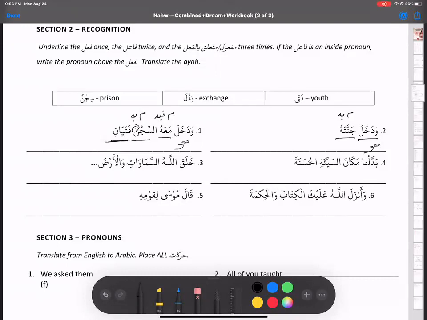Two young boys. What is the label for it? No, dakhala, that's our outside door. Very good, this is fa'il. So you're gonna say two young men entered with him in the prison.